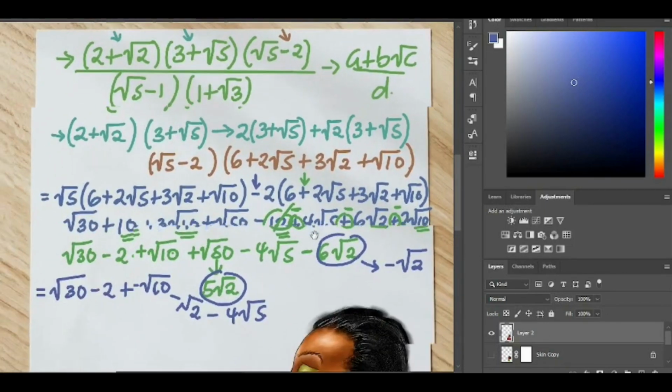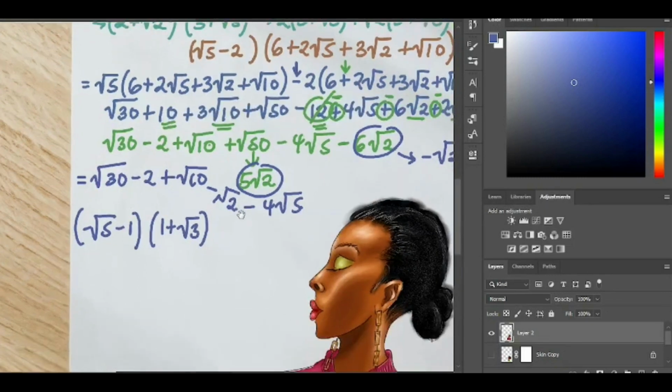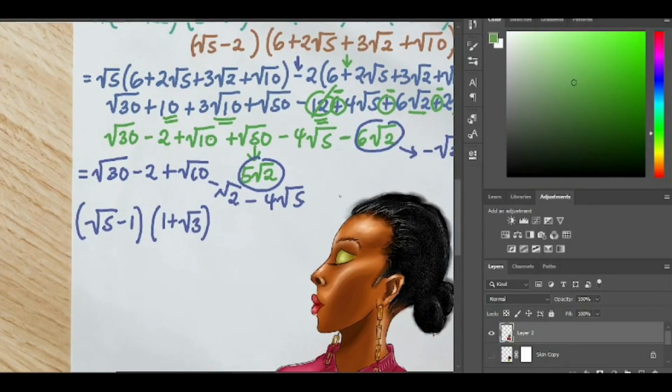Okay. Now we go to the denominator. For the denominator, we have root 5 minus 1, and we multiply by 1 plus root 3. When you open the brackets, our answer is going to be root 5 and then plus root 15 and then minus 1 minus root 3. This can't be simplified further because 15 is 5 times 3.